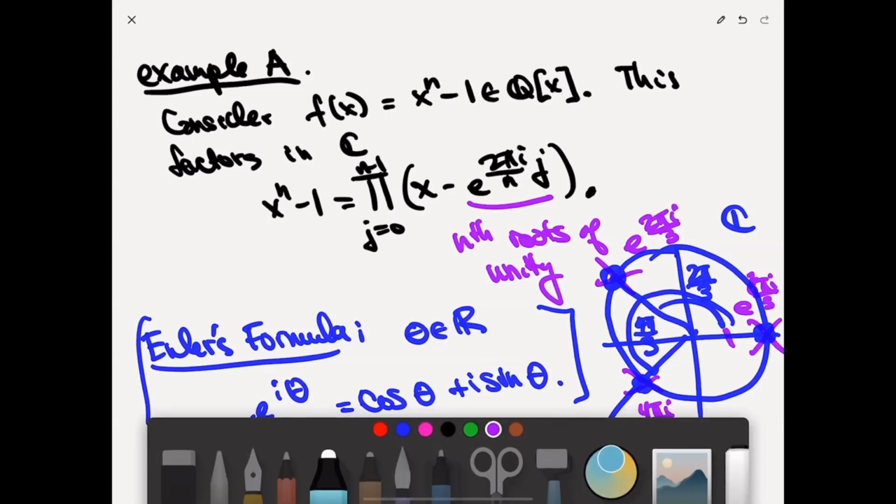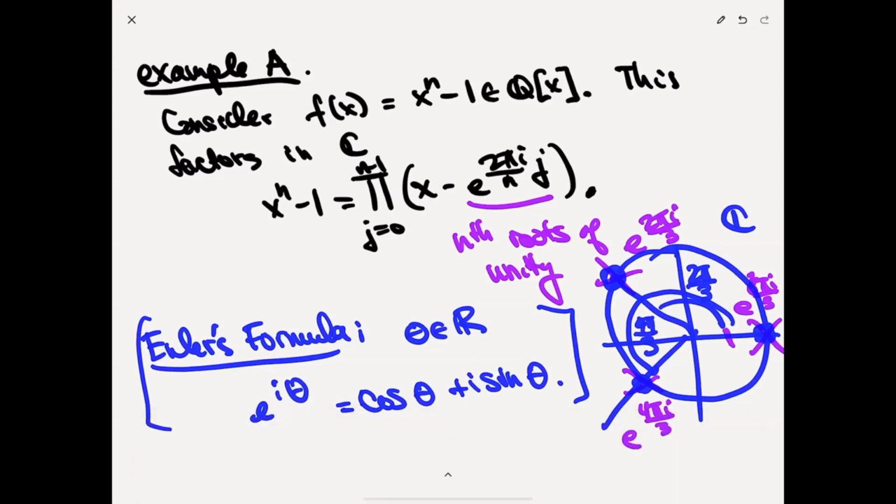And this field that we obtain, the splitting field of this polynomial, is called the nth cyclotomic field. Sometimes we call it K_n.